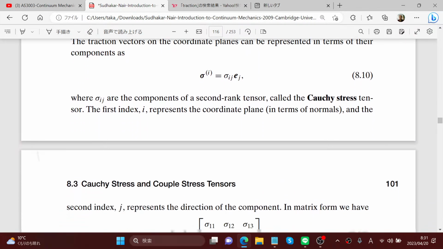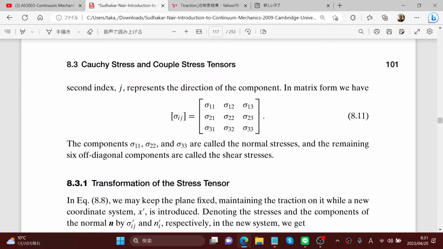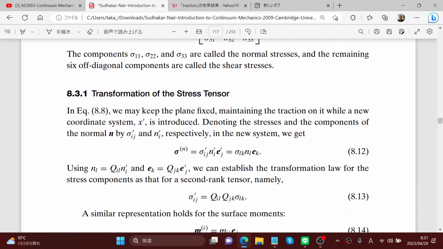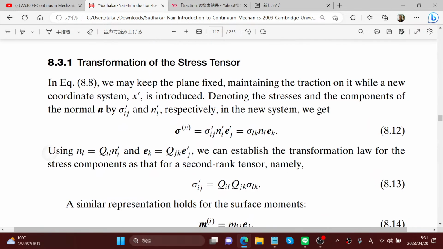So then we have the Cauchy stress tensor, something like this. Then we have the transformation of the stress tensor.